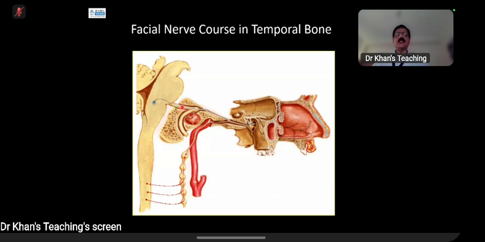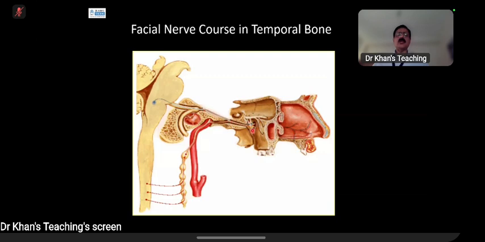This portion is known as the labyrinthine portion. This is the anterior genu and this is the posterior genu. Here is a ganglion, which is the geniculate ganglion. From the geniculate ganglion arises a nerve which you don't have to worry about, but this is the greater superficial petrosal nerve.